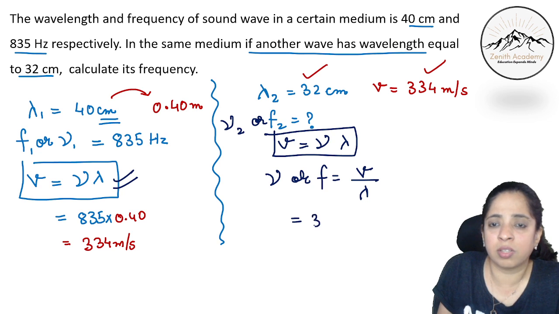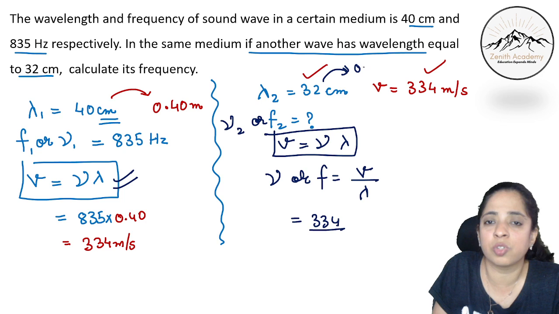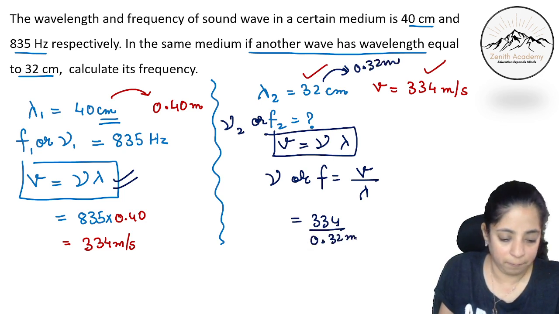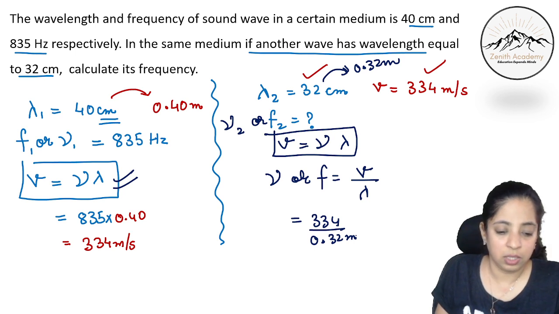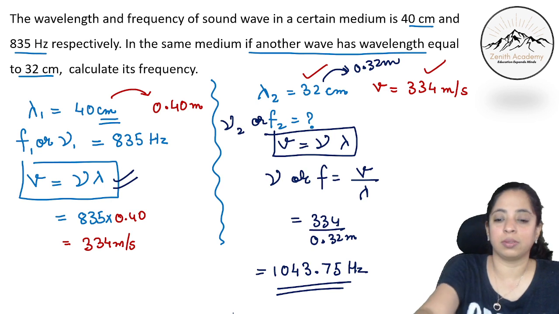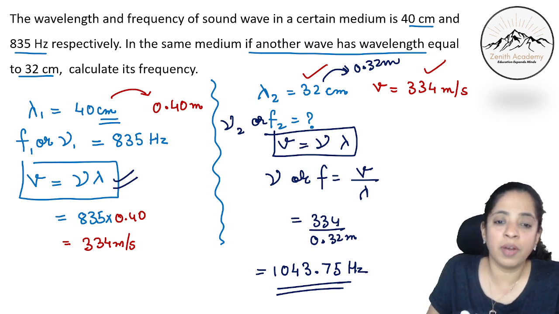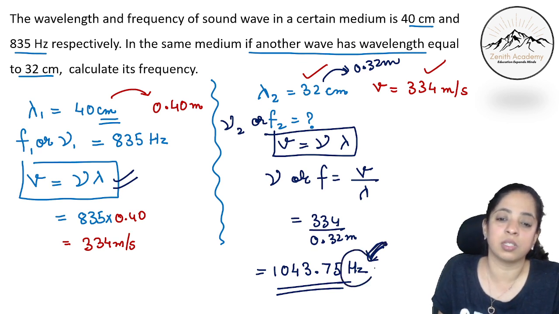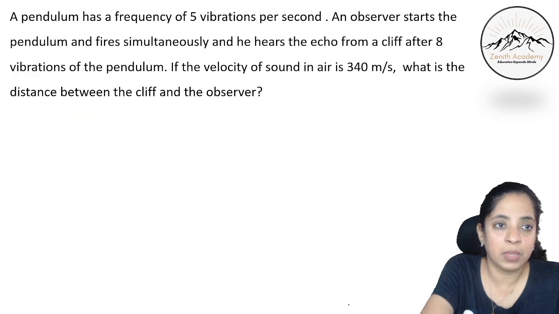Velocity is 334, wavelength is again 32 centimeter, you have to convert into meter, so 0.32 meter. The answer is, pause the video, find out on your own without calculator. It is this much. Don't forget the units, children. Your half marks would be cut if you forget the units. Next question.